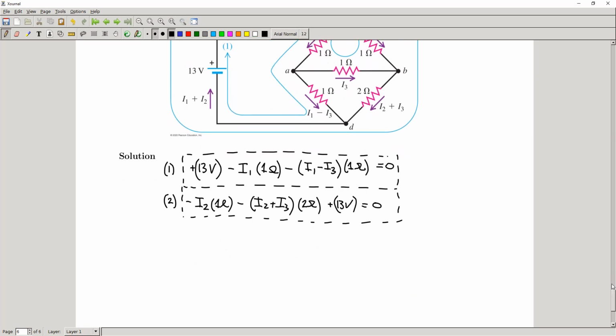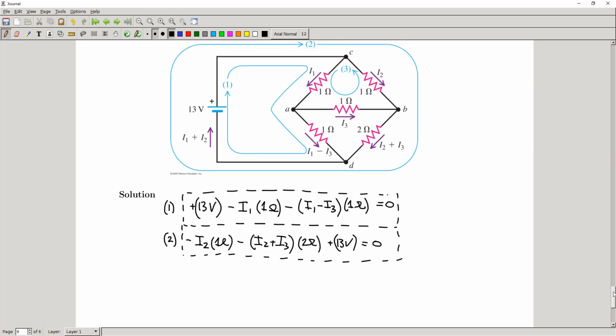Okay. I said I'd try to keep that on screen. Let's now take a look at loop number 3. We're going to start off at C, let's say, and we're going to go around loop number 3. So we're going to go across this first resistor, second resistor, third resistor. For the first two, we're going in the direction of the current that we've assumed.